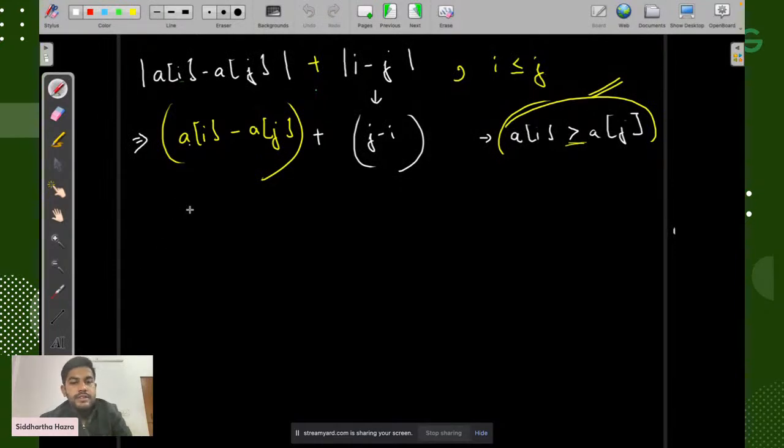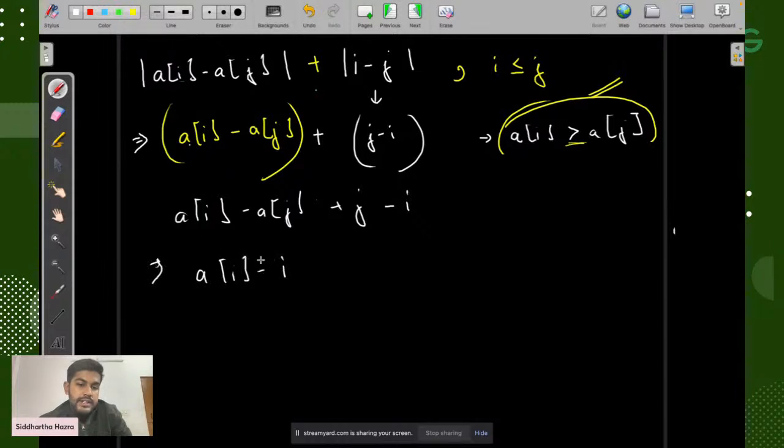So to have this, we can say a of i minus a of j, and then j, because outside is positive, and minus i. So we can say a of i minus i minus a of j plus j.